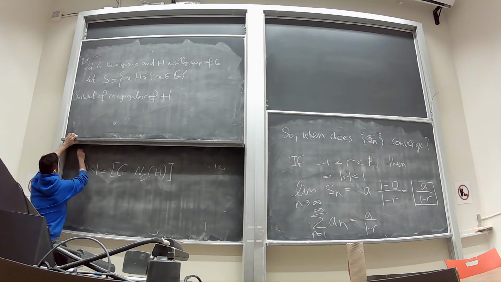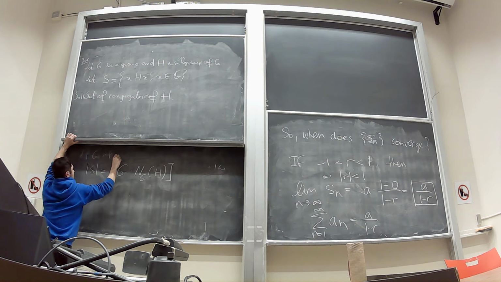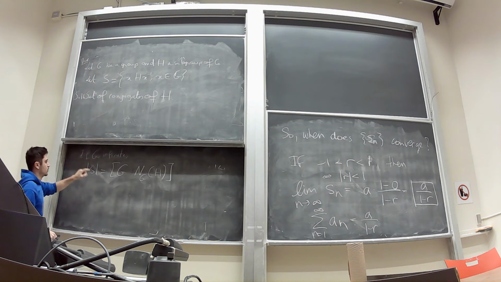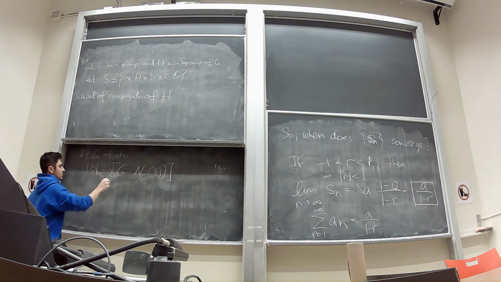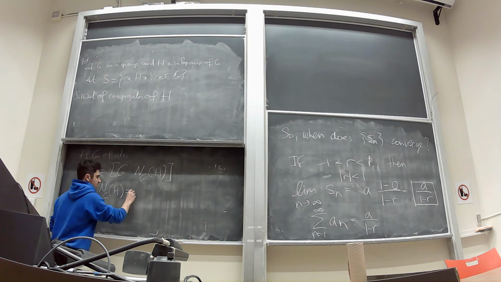This is finite, or if G is finite, let's say. If G is finite, the cardinality of S is equal to the index of the normalizer, where N_G(H), what is N_G(H)?